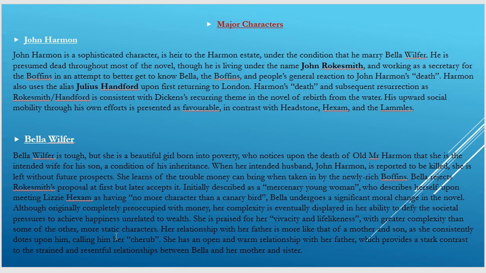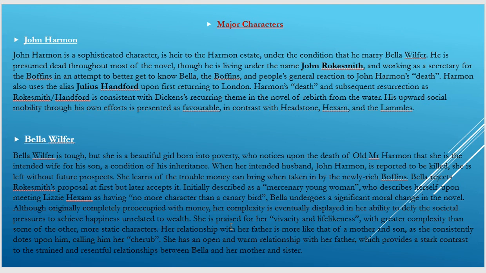Even her relationship with her father is more like that of mother and son. She is consistent with him, calling him from time to time. She has an open and warm relationship with her father, which provides a stark contrast to the strained and resentful relationship between Bella and her mother and sister.